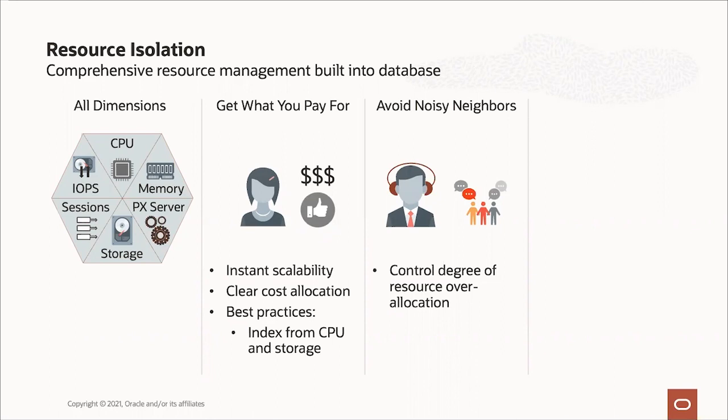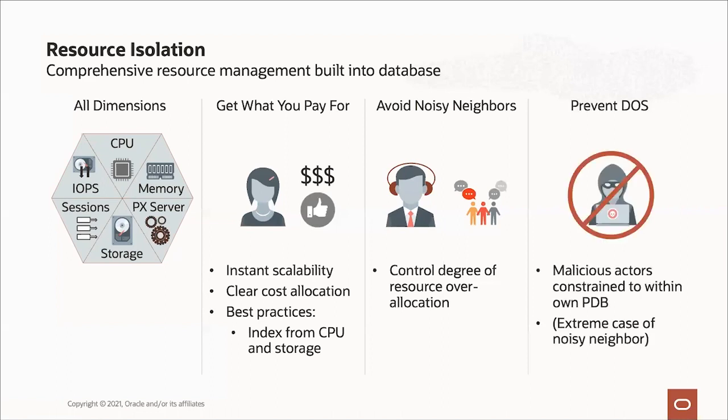So this controls your degree of resource over-allocation. You can have no resource over-allocation, or you can control that degree of over-allocation, because typically your system won't be 100% used. A general consolidation proposition is the more workloads you consolidate, the less likely it is that they all come to peak at the same time. So you can over-allocate to some extent, and everybody still gets what they need when they need it.